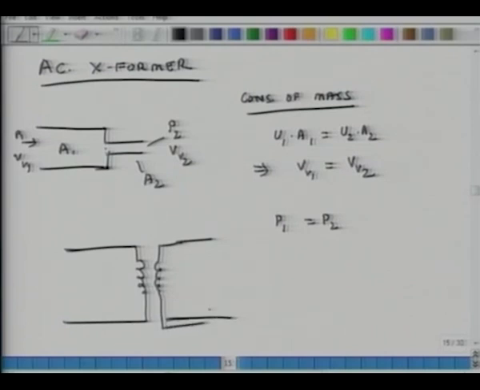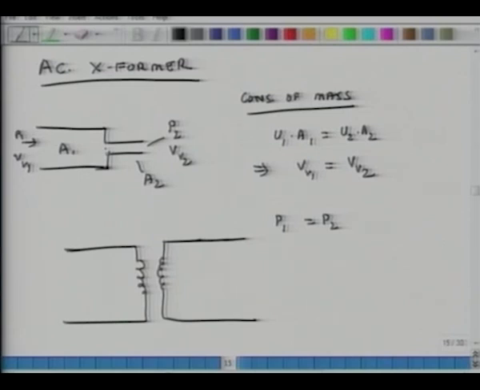So my velocity can go up, but the volume velocity will remain same. My pressures will also remain same. So this is a little different than regular tubes where water is flowing, but when we are talking about sound, it's a little different. So what will be the turn ratio in such a transformer? 1:1.